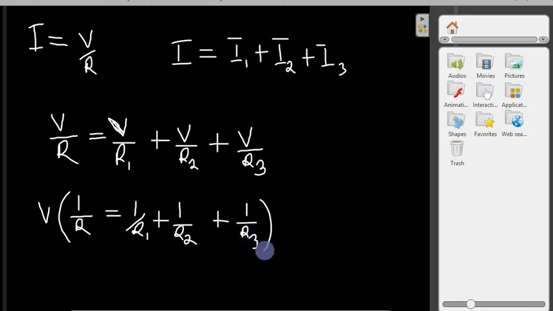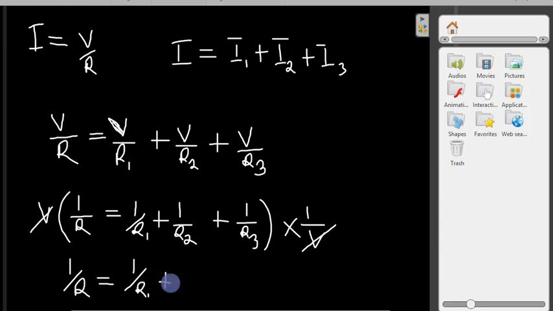Then if we want, we can multiply the whole expression by 1 over V. So when we multiply by 1 over V, this V and that V would divide, giving us 1 over R, which means 1 over total resistance is equal to 1 over resistance 1 plus 1 over resistance 2 plus 1 over resistance 3.